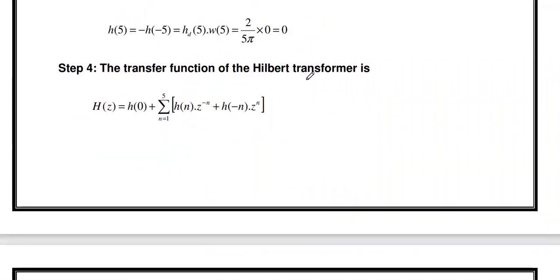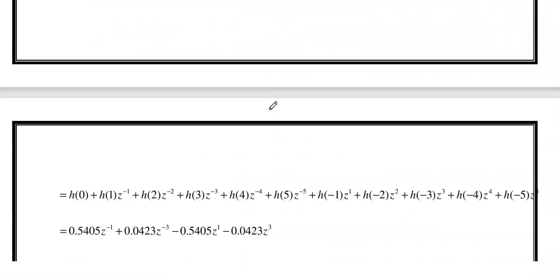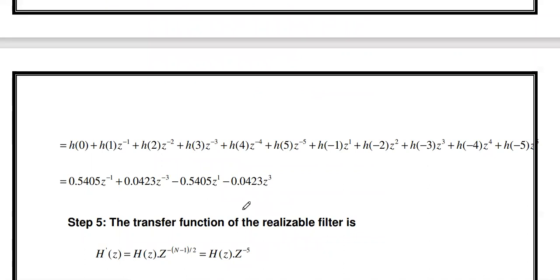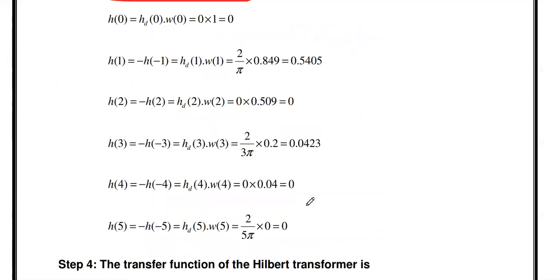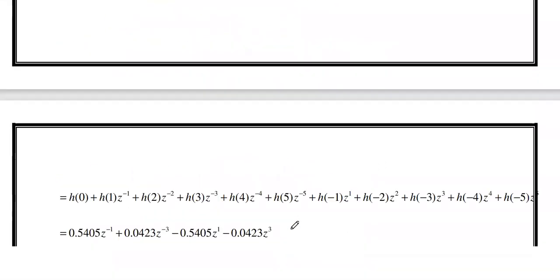After calculating these coefficients, in order to find out the transfer function, you just take the Z transform. So H of Z is equal to H of 0 plus summation n equal to 1 to 5, H of n Z power minus n plus H of minus n Z power plus n. Simply expand it and substitute the values. Here you see only H of 1, H of minus 1, H of 3, H of minus 3 have values. The remaining values are 0.